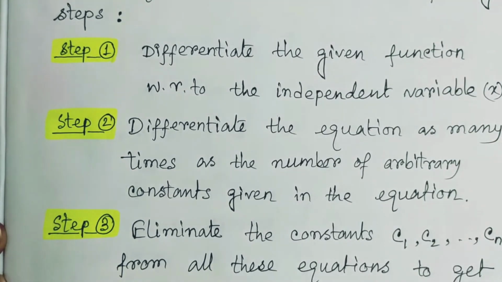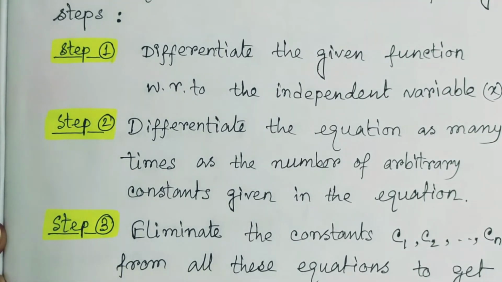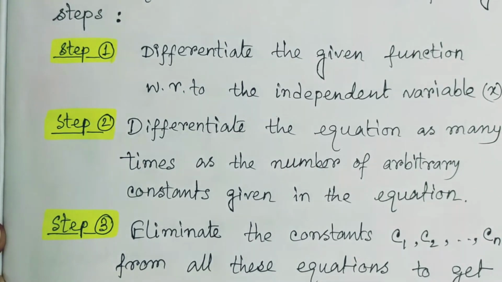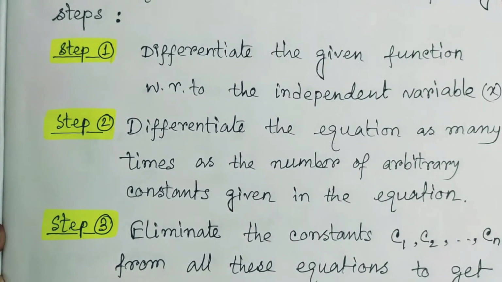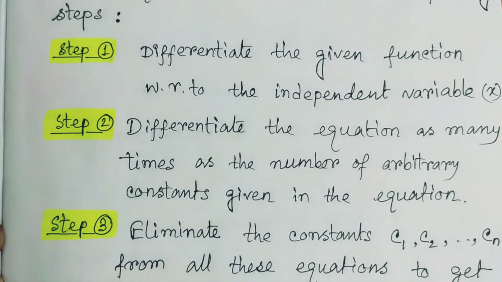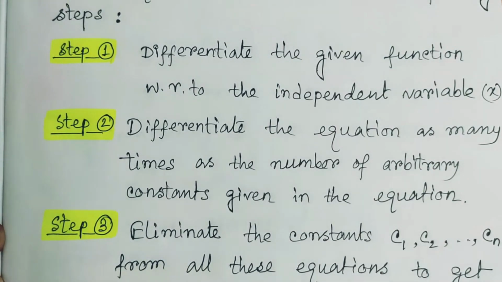Now differentiate the equation as many times as the number of arbitrary constants given in the equation. It is a very important step. In the first step I just told you to differentiate the given function with respect to x, but how many times we should differentiate is decided by the number of arbitrary constants involved in that equation.